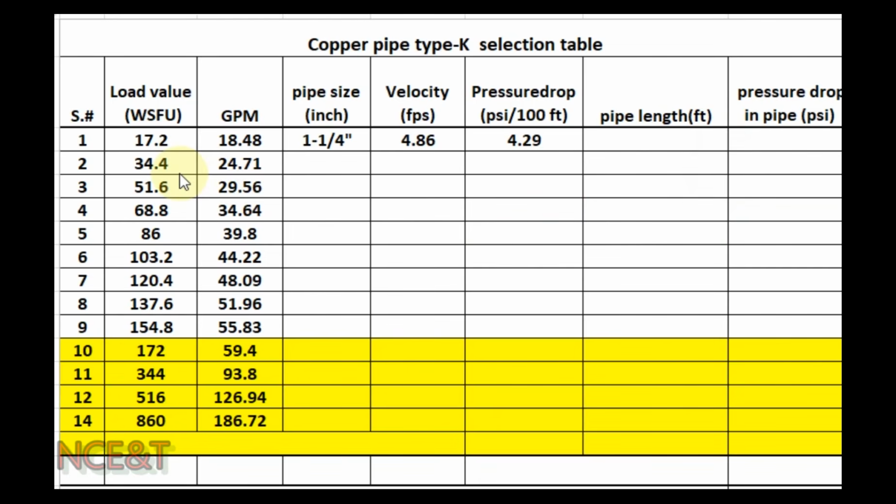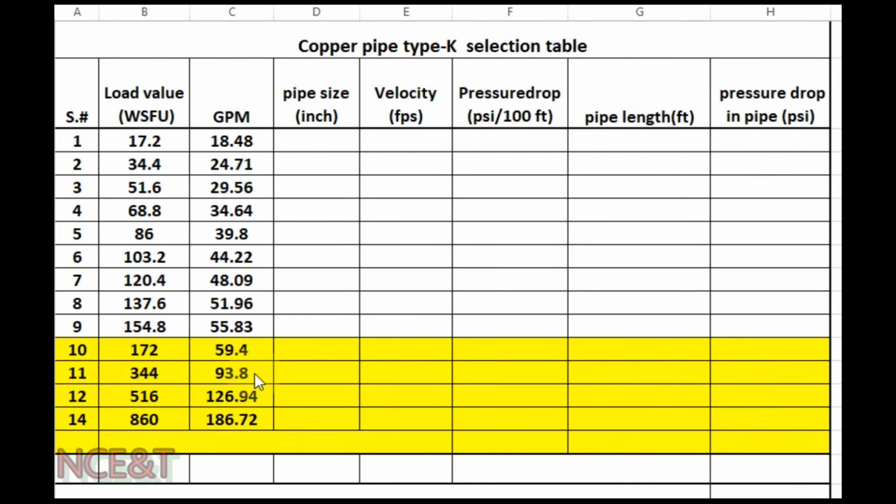For 34.4 water supply fixture units, we need the GPM 24.71 and the pipe size 1.5 inch, and the velocity is 4.6 feet per second, and the pressure drop is 3.14 psi per 100 feet.